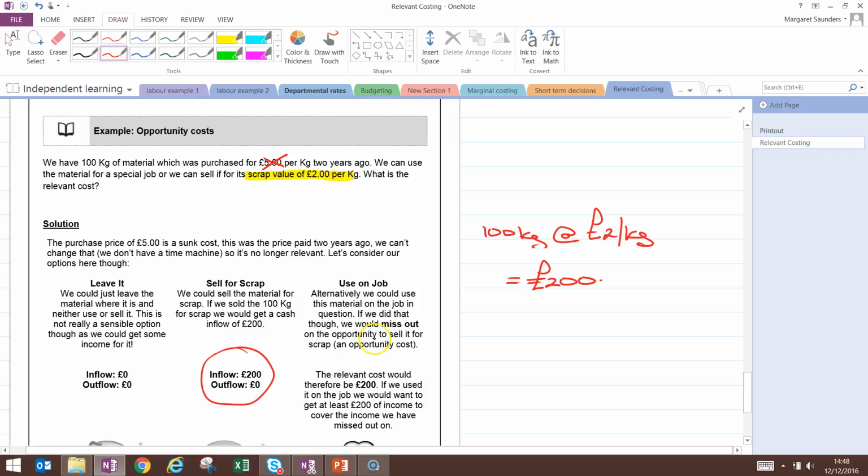If we use it on the job, we lose the opportunity to sell it and earn £200. So the opportunity cost is the lost opportunity of selling the material for scrap at £2 a kilo, hence opportunity cost, which is the relevant cost, is £200.